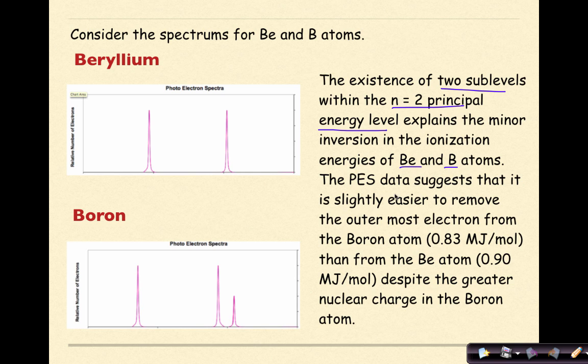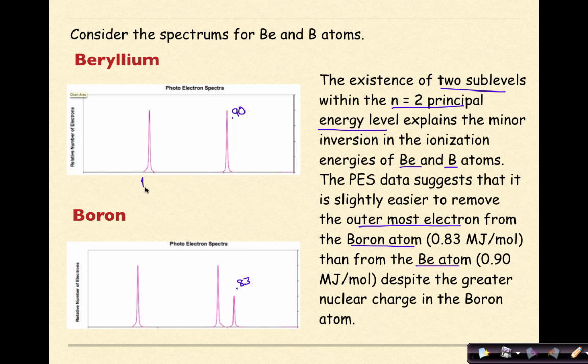The PES data suggests that it is slightly easier to remove the outermost electron from the boron atom, which is 0.83 megajoules per mole, than from the beryllium atom, which is 0.90 megajoules per mole, despite the greater nuclear charge in the boron atom. And we can see that right here.